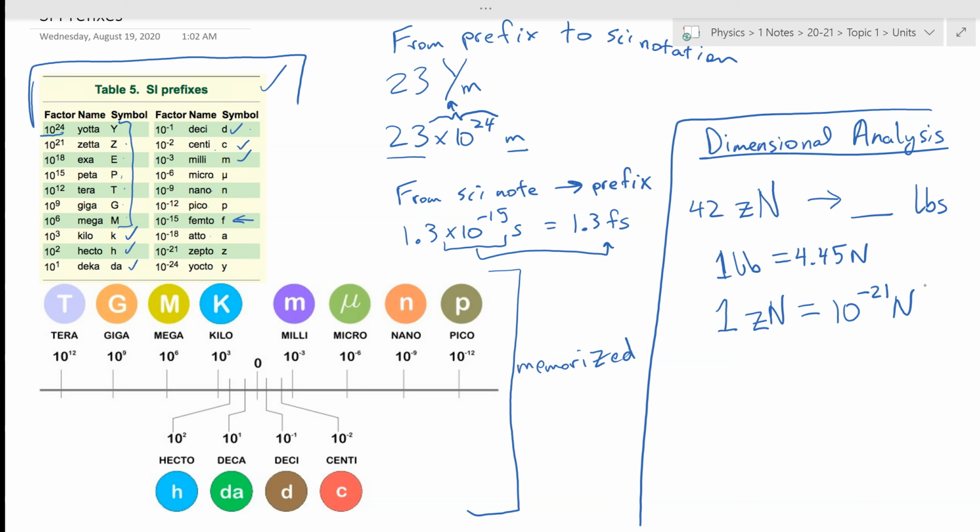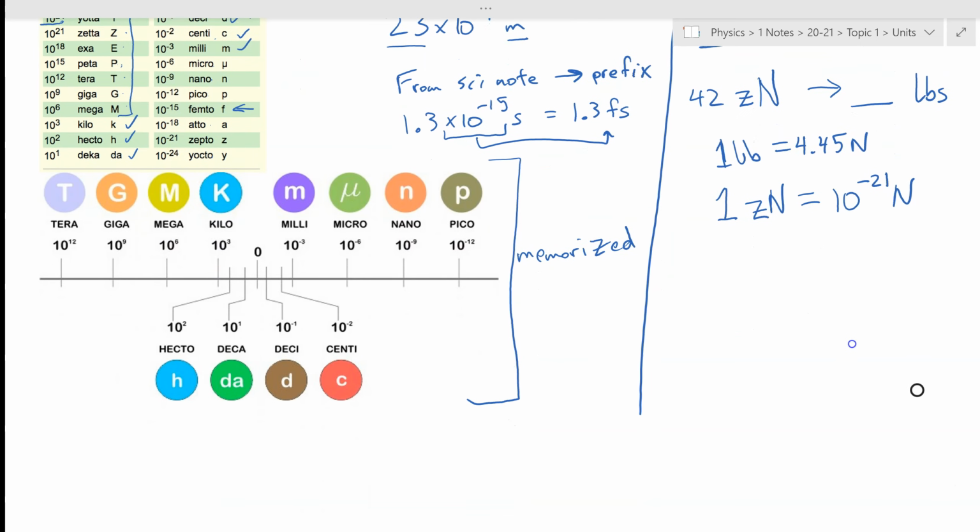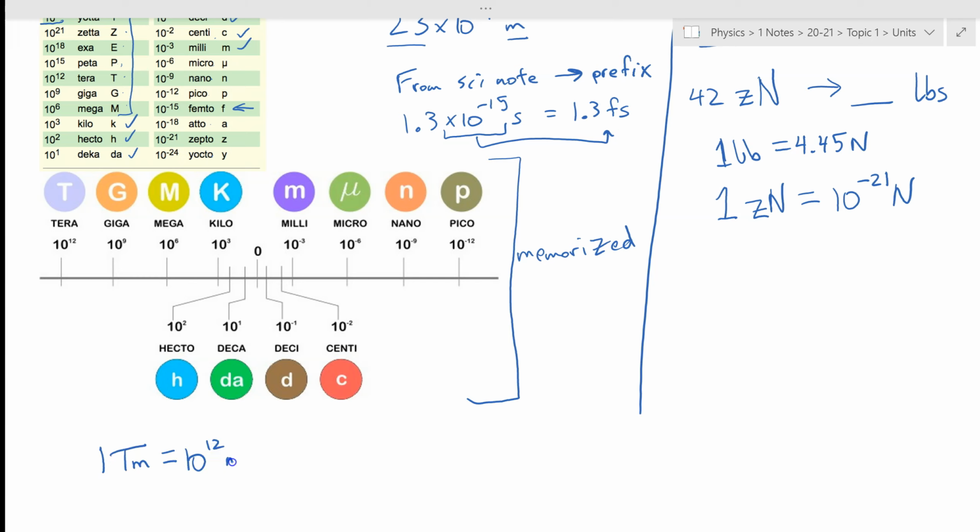So the way that you can use the table, one of any of these is equal to that power of 10 of the normal base unit without a prefix. I'll write some more. You could say that 1 terameter equals 10 to the 12 meters. You could say that 1 nanometer equals 10 to the negative 9 meters. 1 kilometer equals 10 to the 3 meters.